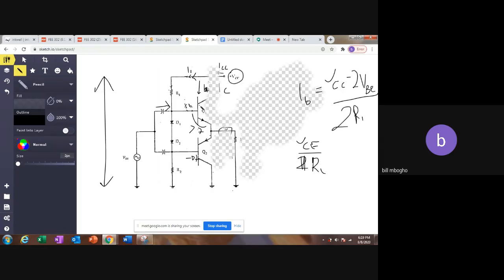Why? Because we are not considering the VCQ, because this transistor is just a drop. This transistor just gives us a voltage drop, so we do not need to count it twice. I hope you're understanding what I'm talking about.